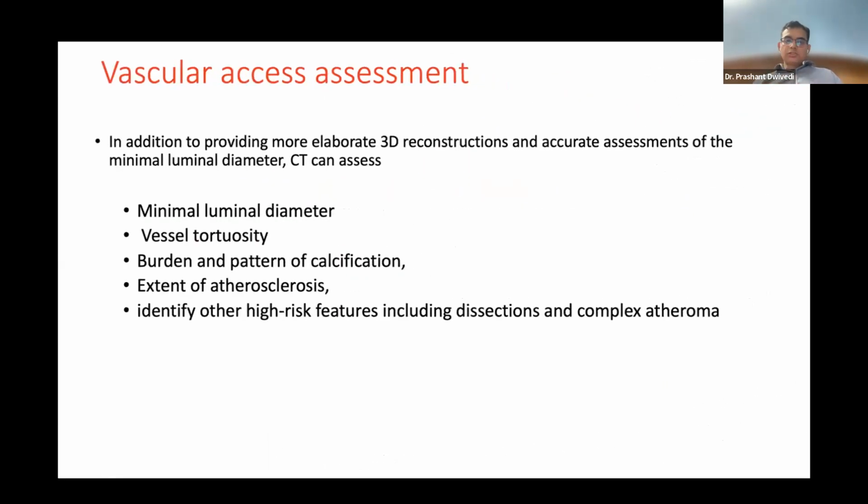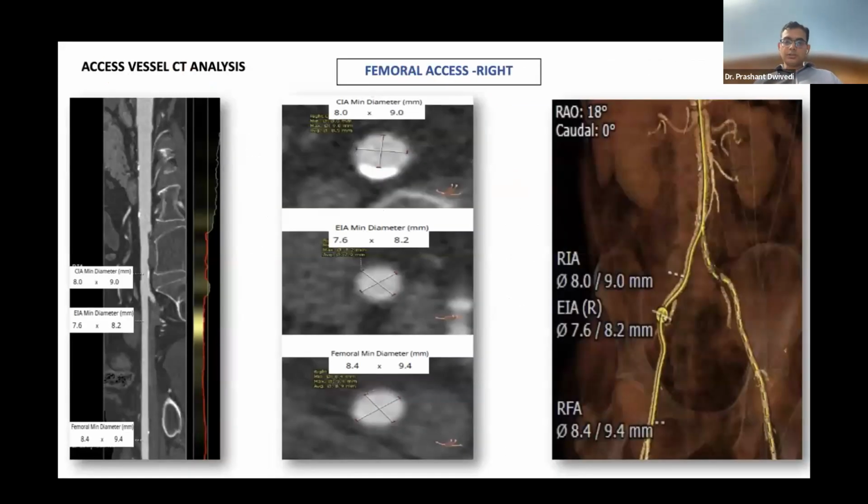Then a few points about the vascular access assessment. What we need to understand during the CT scan analysis is the minimal luminal diameter across the iliac, external iliac, and the femoral. Is there any vessel tortuosity? What is the burden and pattern of calcification, and what is the extent of atherosclerosis? And we need to identify high risk features, including dissection and complex atheroma.